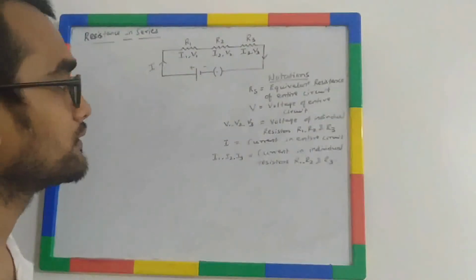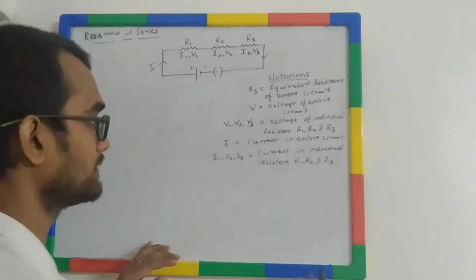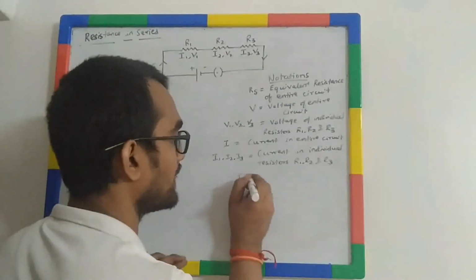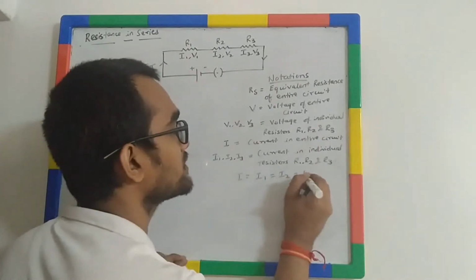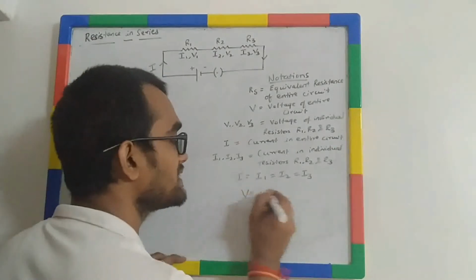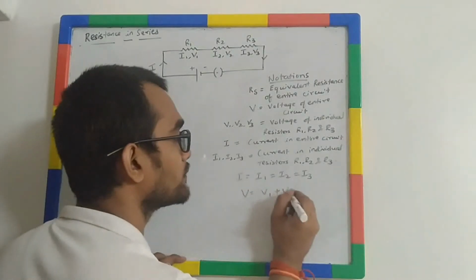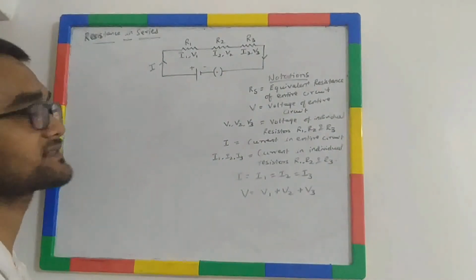I will also write down the two conditions which I explained earlier. First one was I = I1 = I2 = I3, and the last one was V = V1 + V2 + V3. After referring to all the notations, now I will start the derivation.